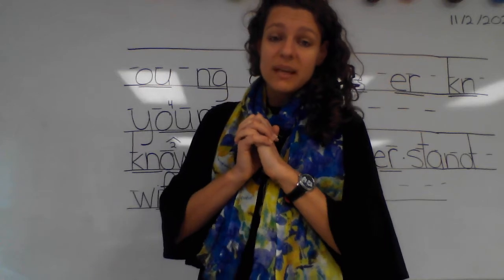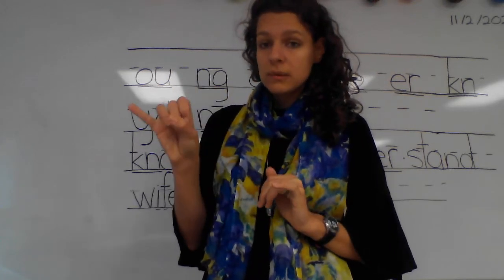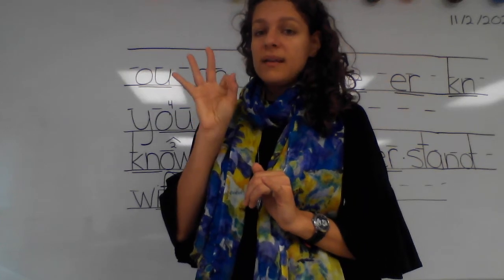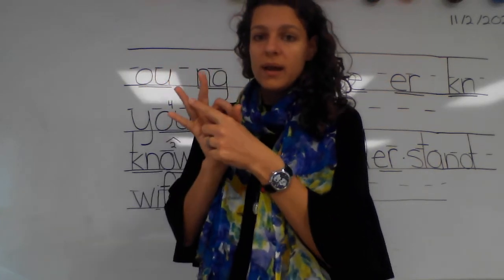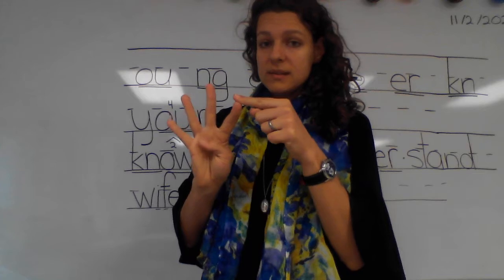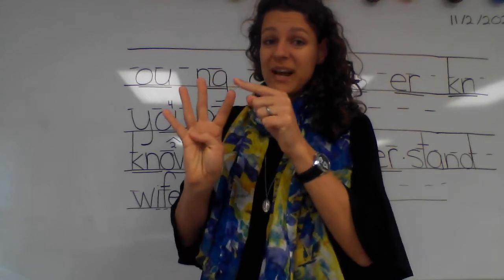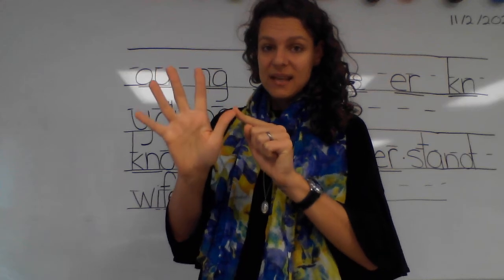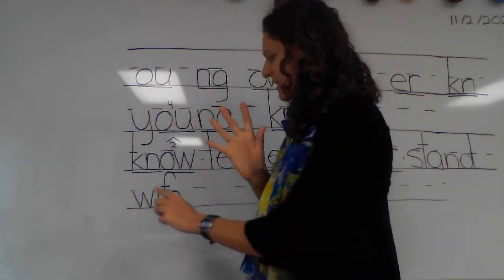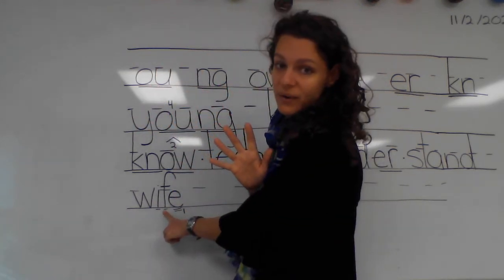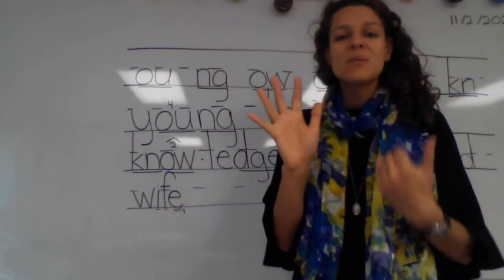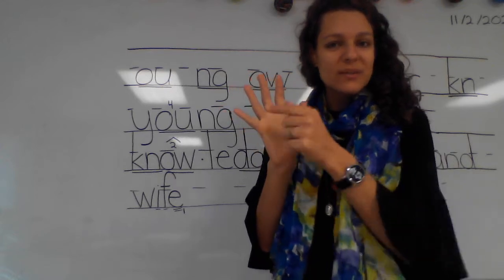Class, what sounds do we hear in the word wives? Good, so it's w, I, v, z, but we've got a silent E and then our s, z. When we're changing this F to a V to make it plural, we have to have a silent E before the Z. So one more time to spell wives, what are we going to write?